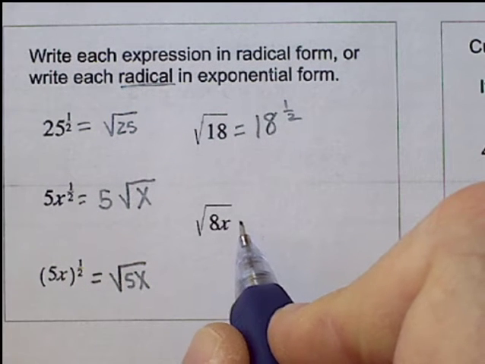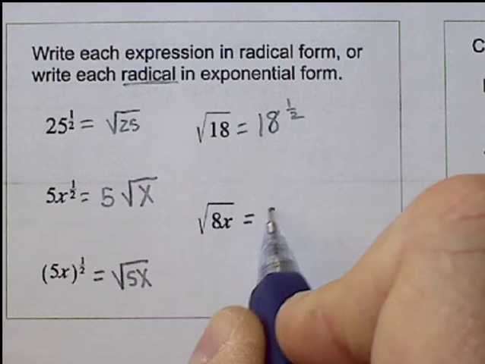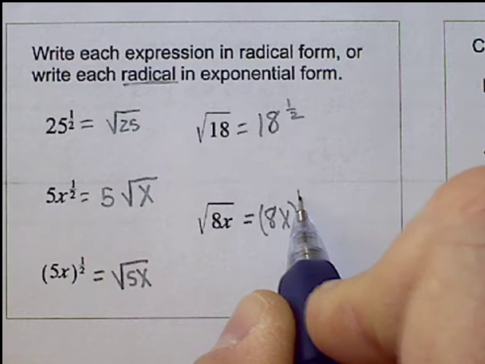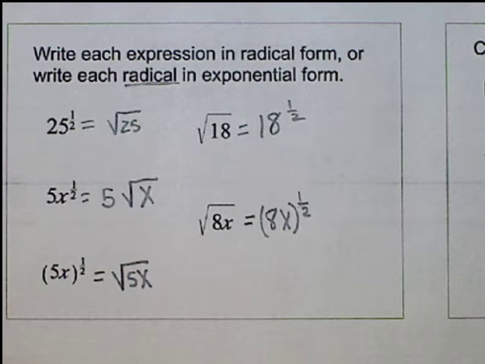How would I rewrite this in exponential form? 8x has to be in the parentheses, and then it's the product of 8x to the 1/2 power. Okay? So details are very important in this lesson, making sure that you apply the radical or the exponent to the proper terms or the parts of the term in the expression.